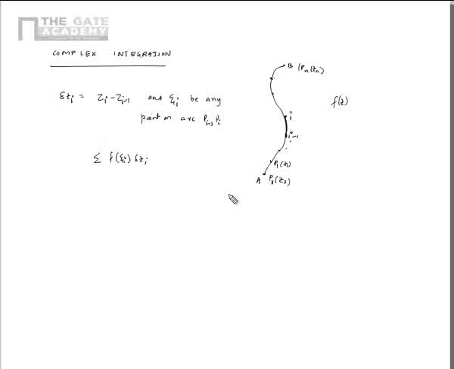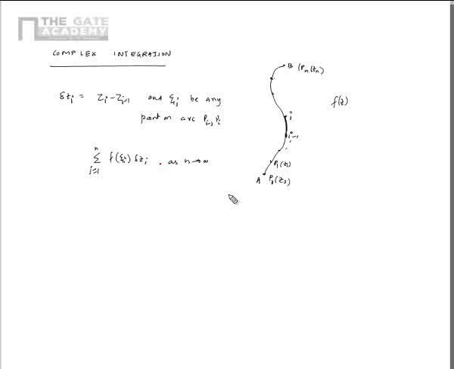Now I sum this, where i varies from 1 to n, that is for each part. As n tends to infinity, the length of the chord delta zi approaches 0. Obviously, when you divide into an infinite number of points, delta zi will vanish to 0.